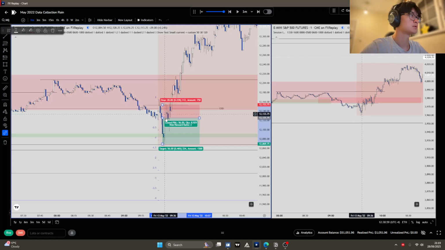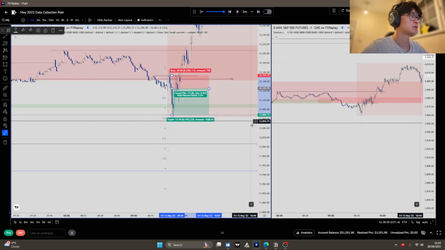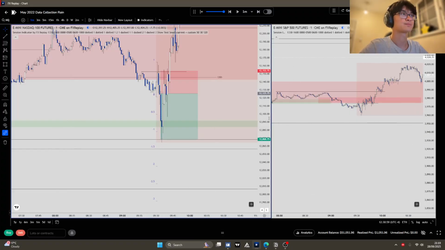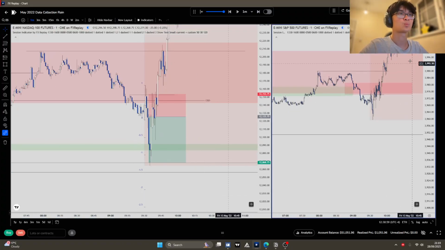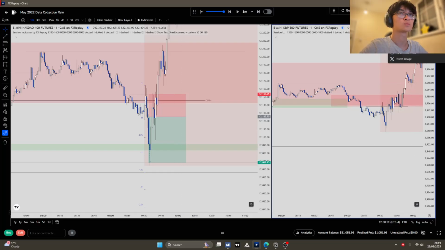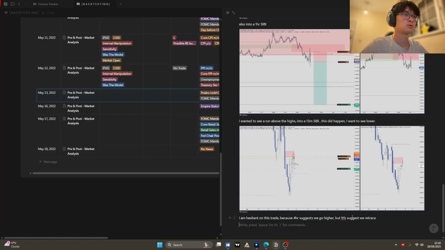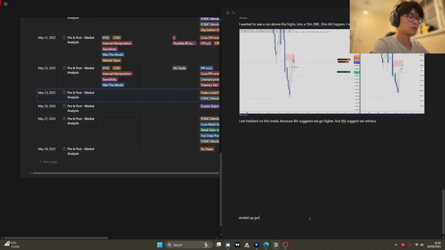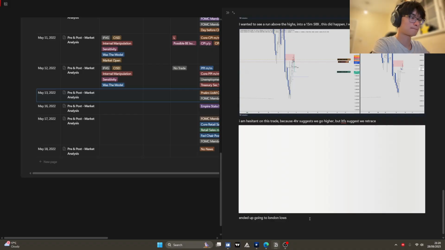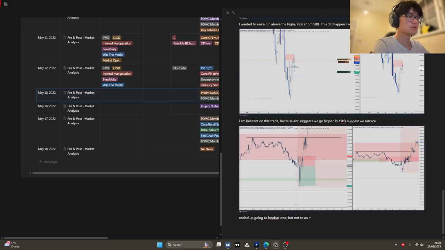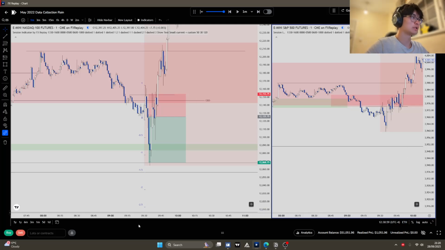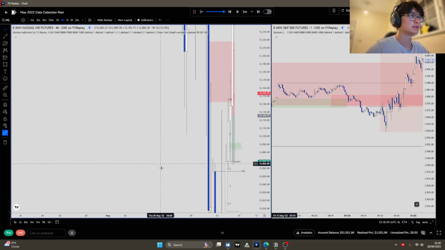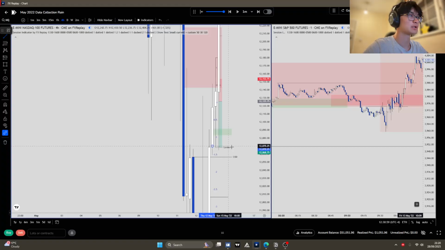This like here, 1-2. Oh, see. Ended up going to London lows, but not to any. Wait, did we tap that? Oh wait, yeah, we tapped this 4-hour gap here.